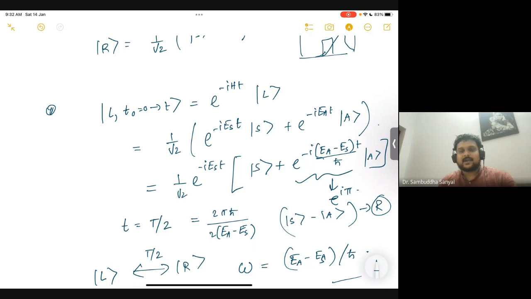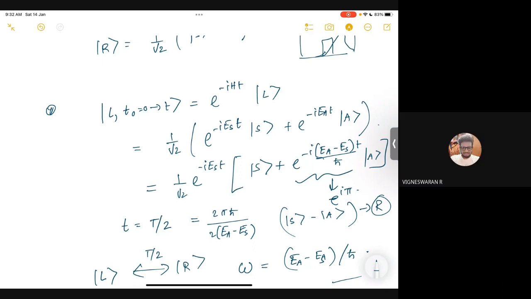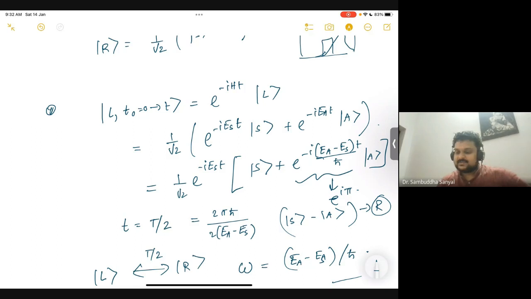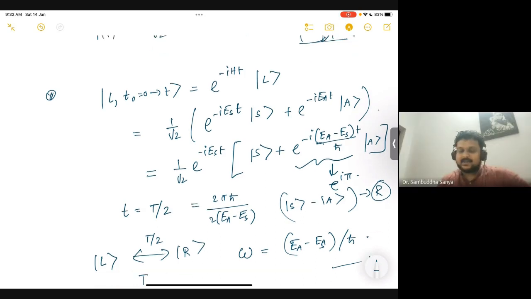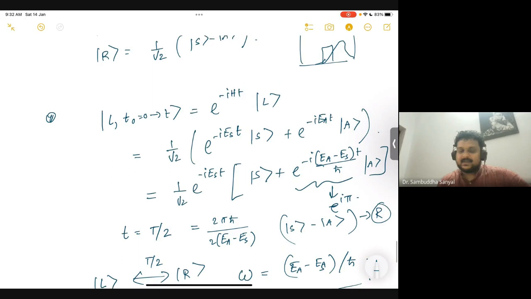Can you comment something about that, the two-level system? Yes, sir. So do you see how it is exactly the same? Yes, sir. So the problem is only that.